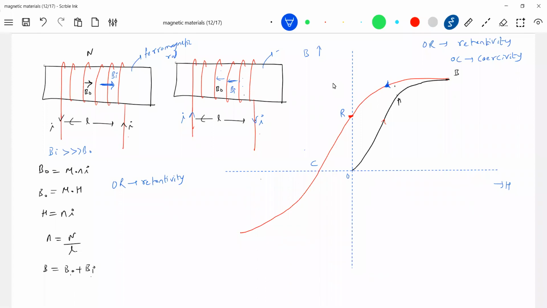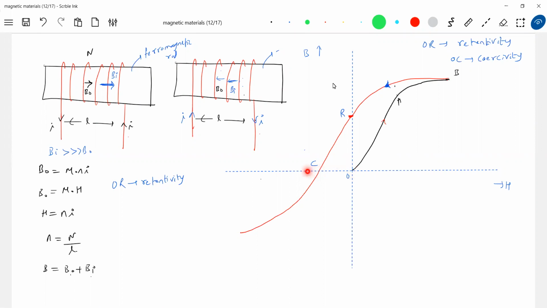So coercivity, what will it do? It will eliminate the residual magnetism. It means here the value of H at which the total magnetism inside the material will be eliminated, coerced. So there was some magnetism left over, no? That everything will get eliminated here. So at this particular point, what is the magnetization of the substance? Zero. You can see that. Here zero. Again, the substance will get back to the original state.